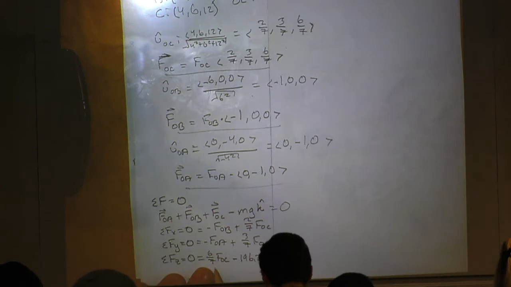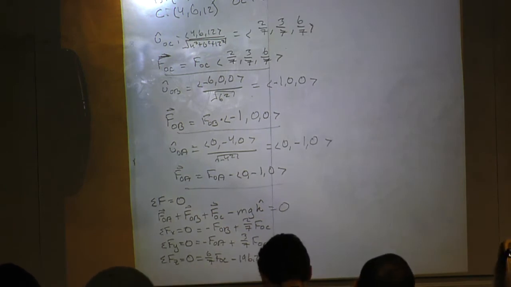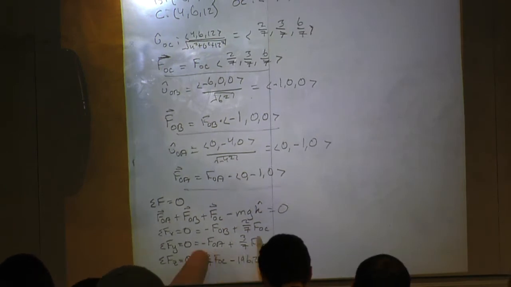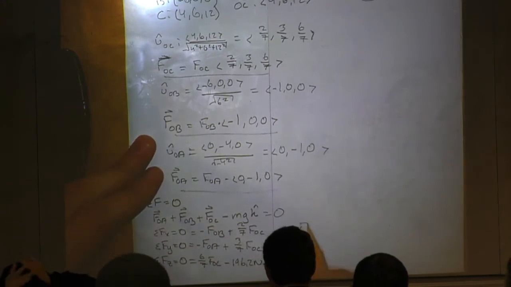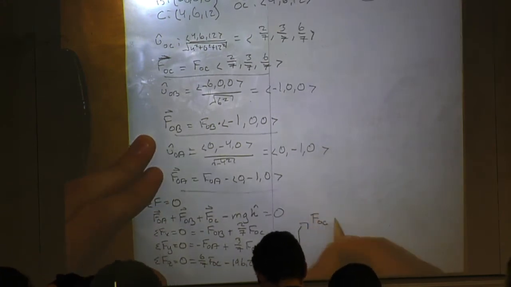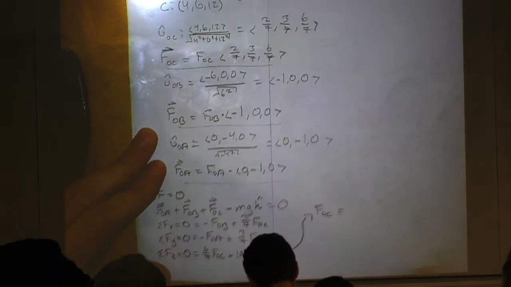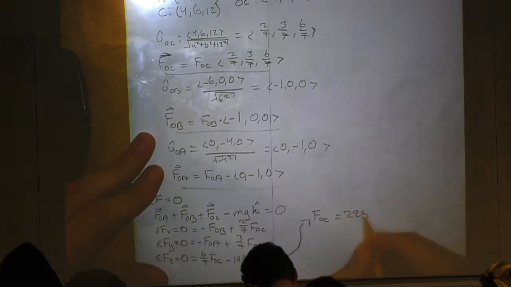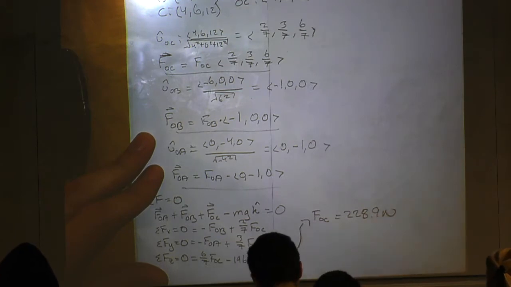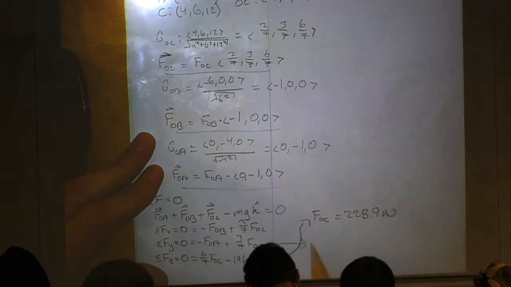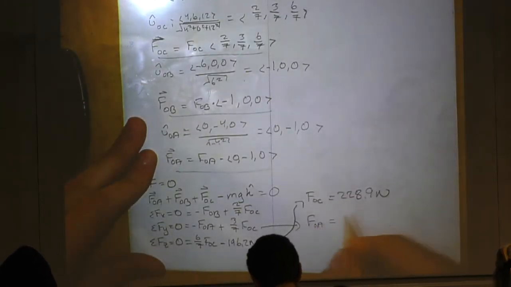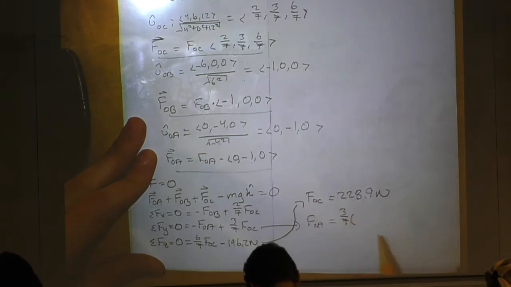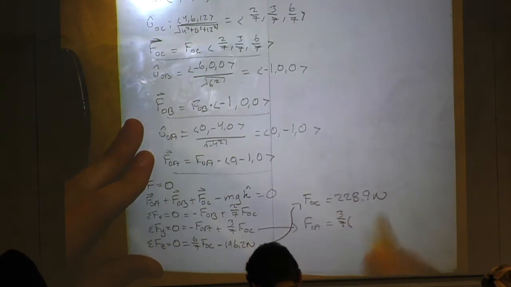I have one unknown and an equation and a constant, so I can solve this one. And so on. So that's the whole idea. F OA is equal to, we can plug it.